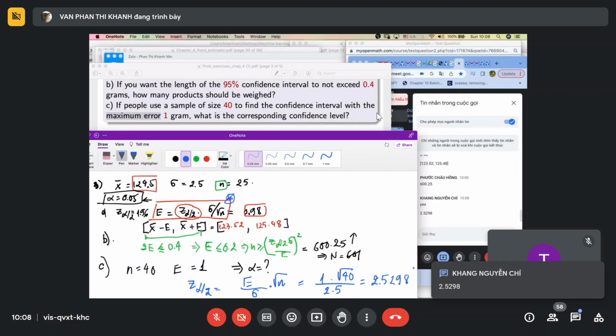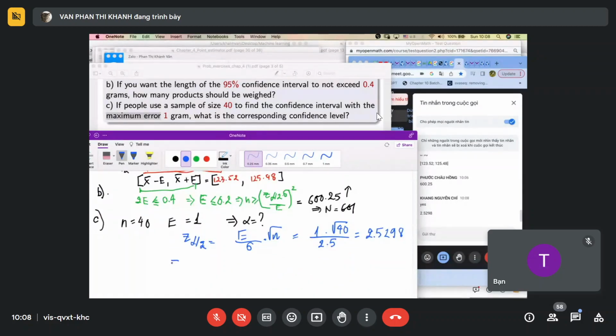2.5298. Okay, so if you have Z alpha over 2, tell me what is alpha over 2. You can use the table to find it. You have to find the value Z, 2.53, right?